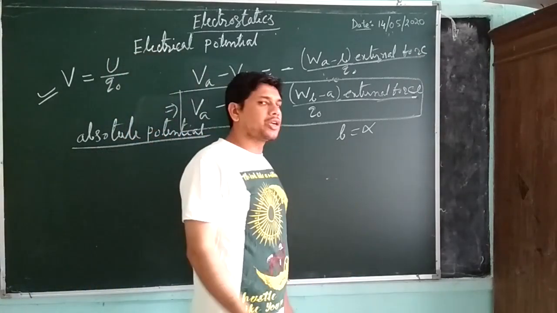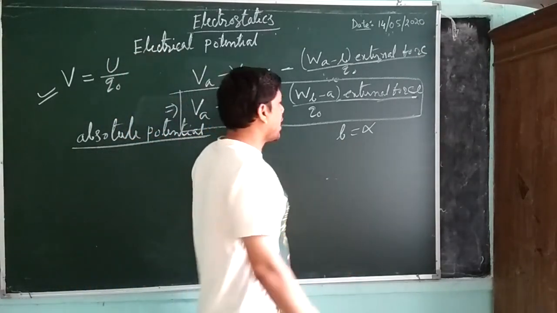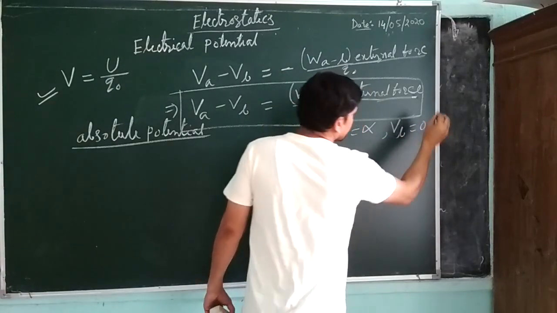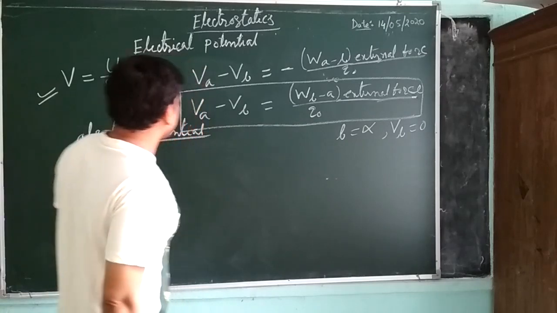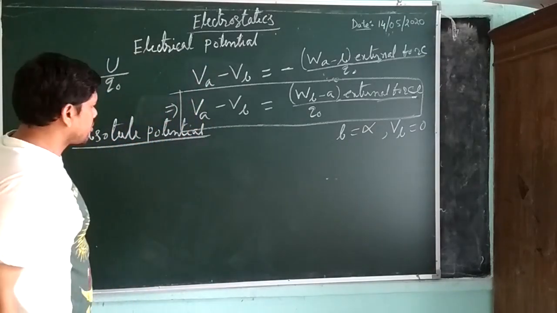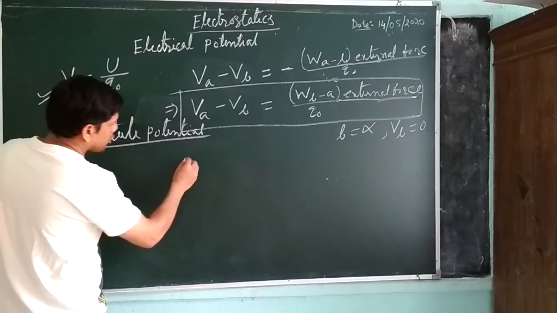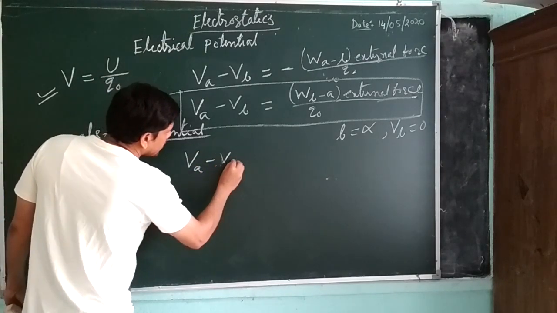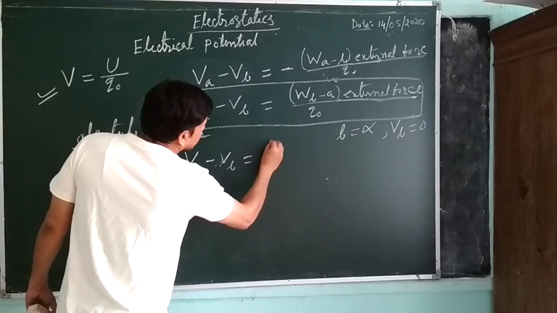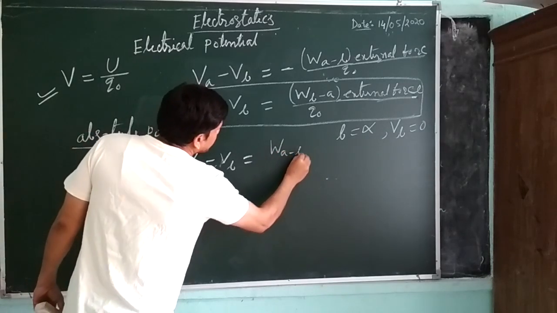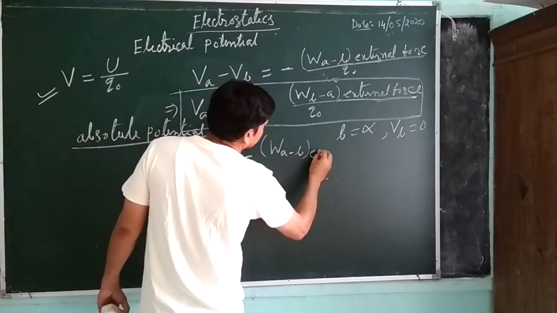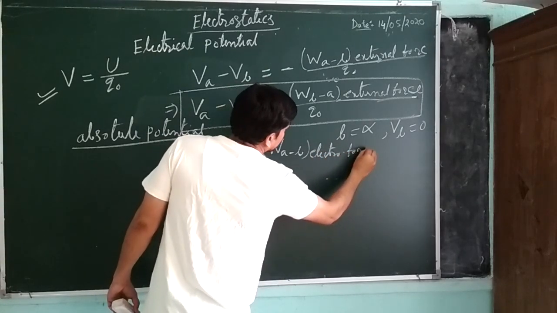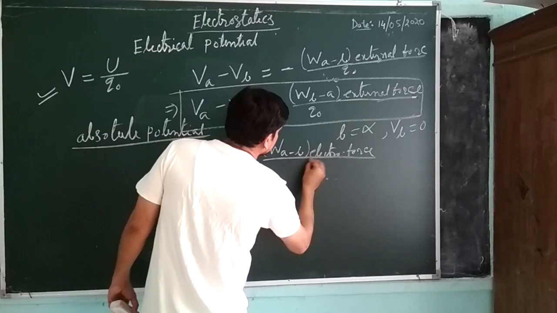We already know that the potential at B point, denoted by VB, equals 0 there. By using the previous expression, VA minus VB equals WAB due to electrostatic force by Q naught.